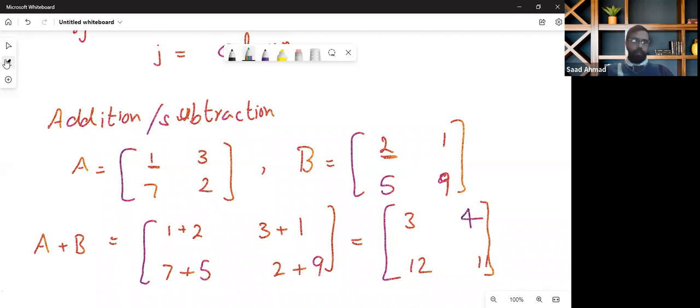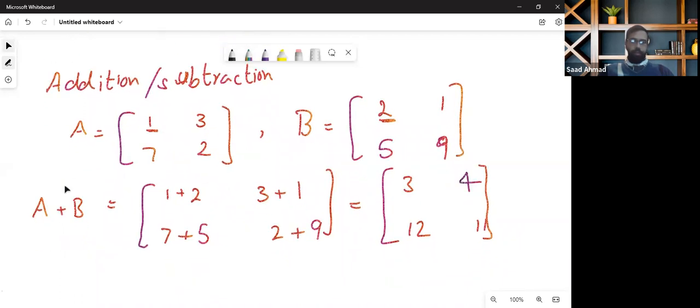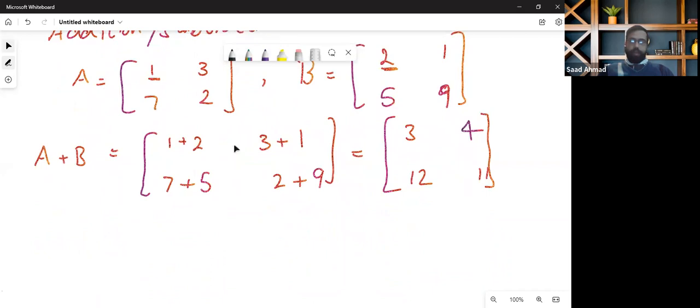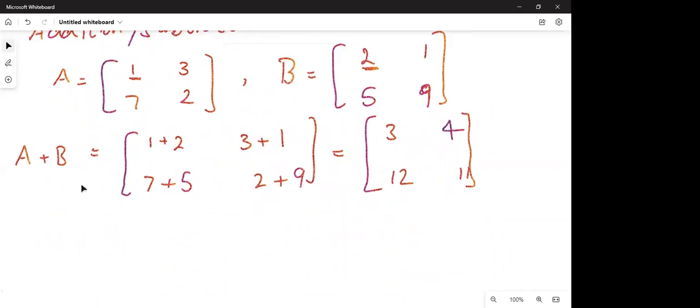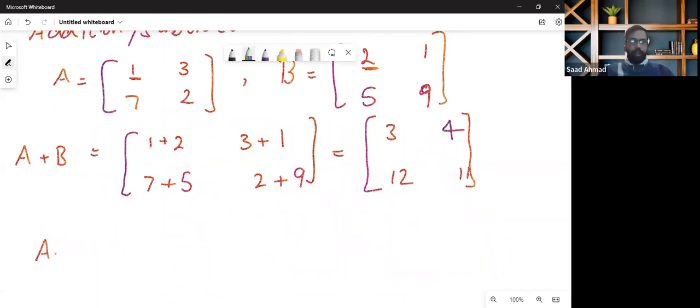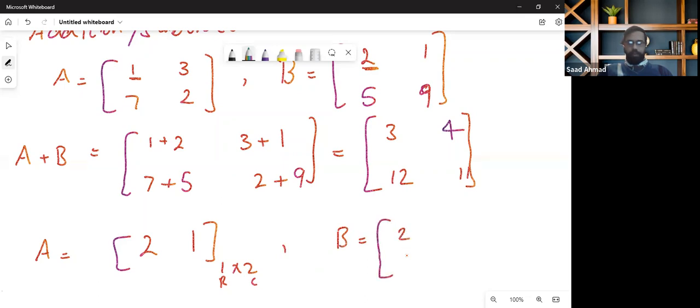Let's say just a question here. Let's say I have a matrix A, which is 2 1. This is the matrix of order 1 cross 2, 1 row, 2 columns. And I have a matrix B, which is 2 3.